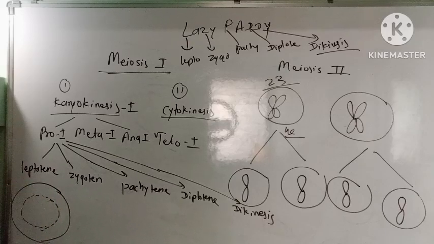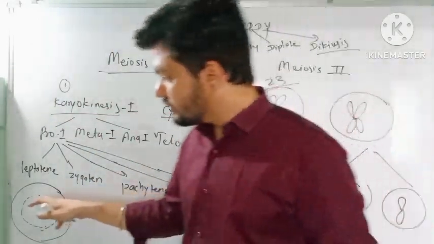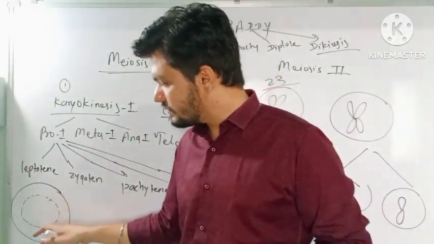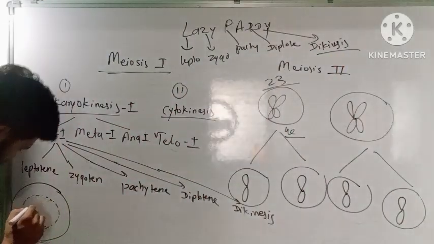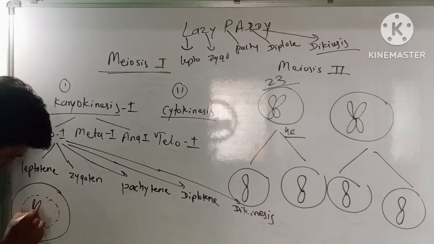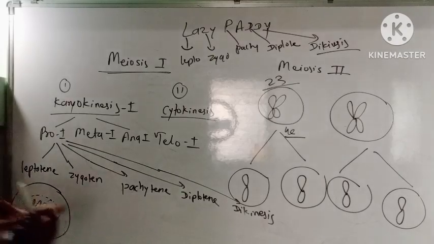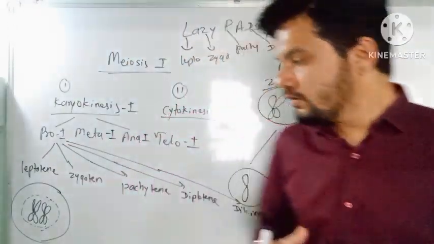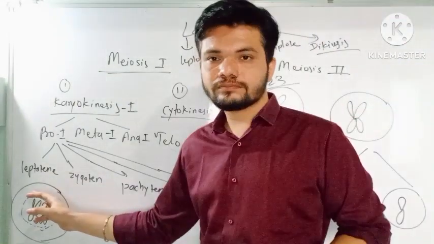Just like the prophase of mitosis, the cell will start to condense its chromosomes and make its nuclear membrane disappear. The chromosomes will be condensed and the homologous chromosomes will come close to each other in leptotene.